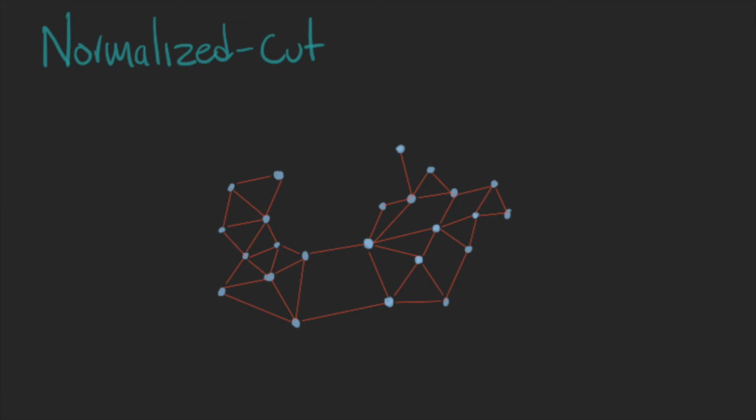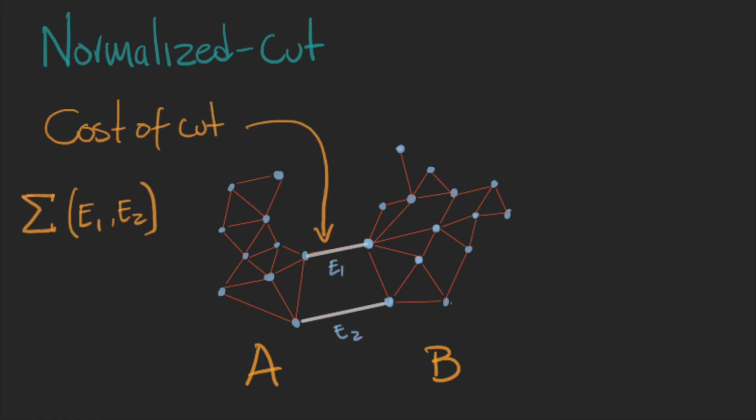Imagine that we have this graph, and we identify that all these edges are weak. So we could remove them and segment the graph into two clusters. Let's call this side A and this other B. But before doing so, we need to calculate the cost of this cut. This will be given by the sum of the weights of all the edges that will be cut.